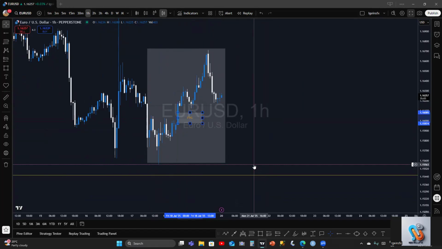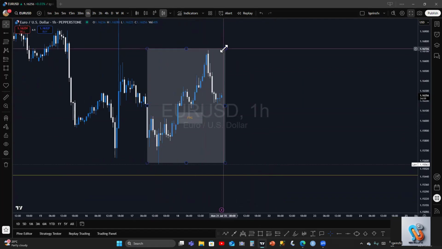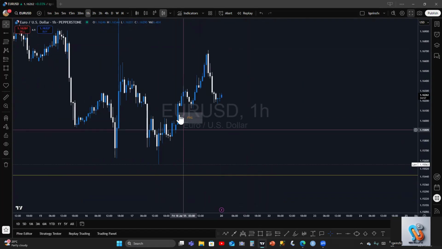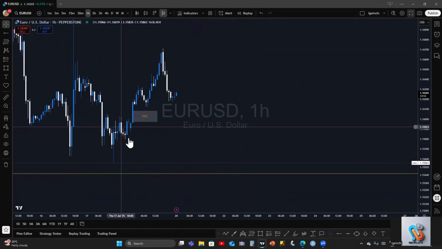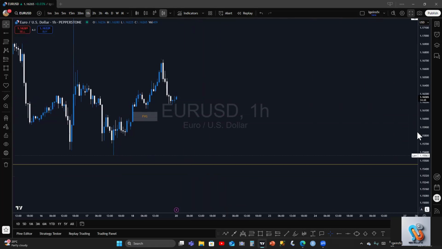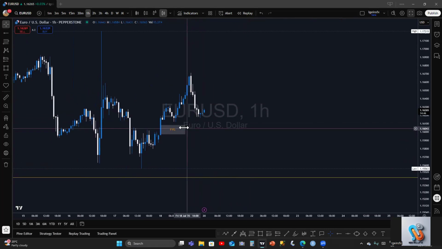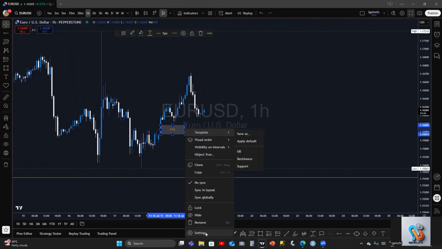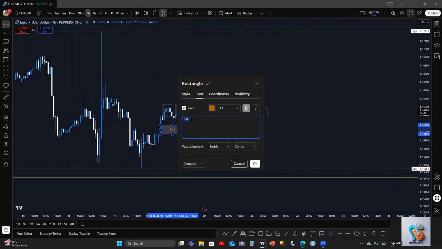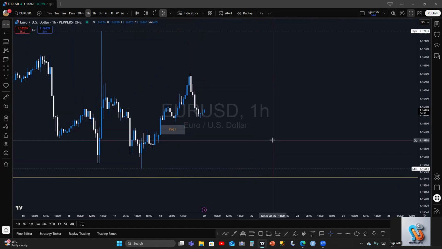So there's a fair value gap here where price will come back to interact with this block, with this point, then it can now push to the upside. So at this very moment, we have one FVG here.